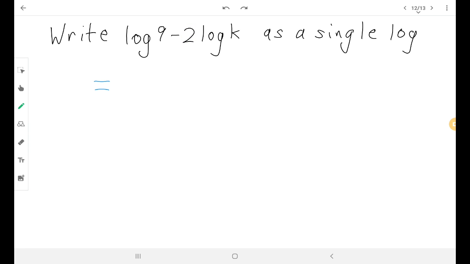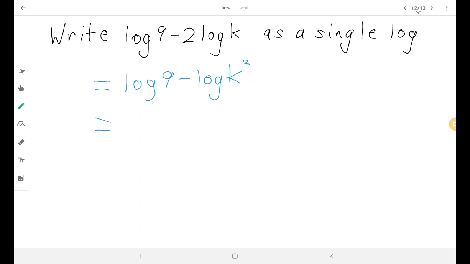I'm going to turn that into a power. So common log of 9, that is log base 10 of 9, minus common log of k to the second power. So that's our first compression, our first way of writing it more compact.